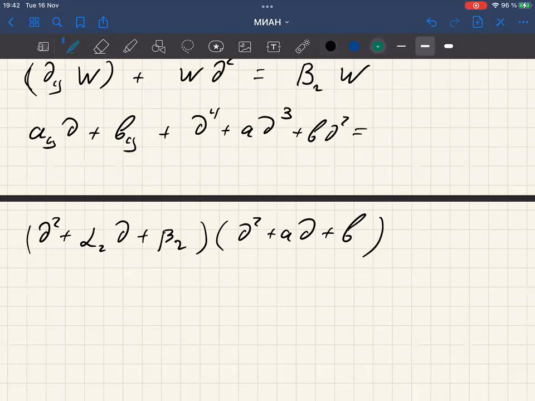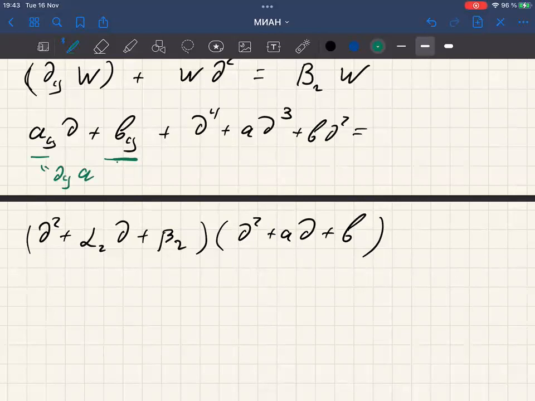Now we see that these things are okay, not yet defined. We should have an equation. When we open our brackets, we will have equations for the coefficients.